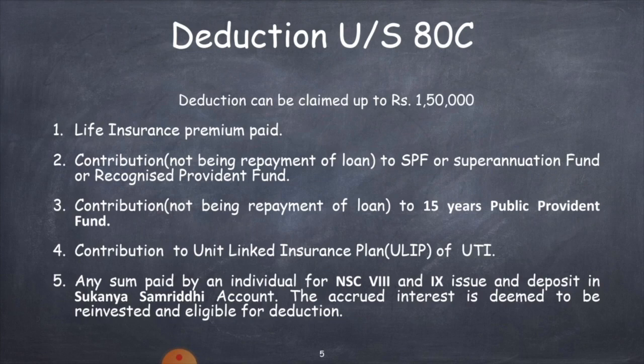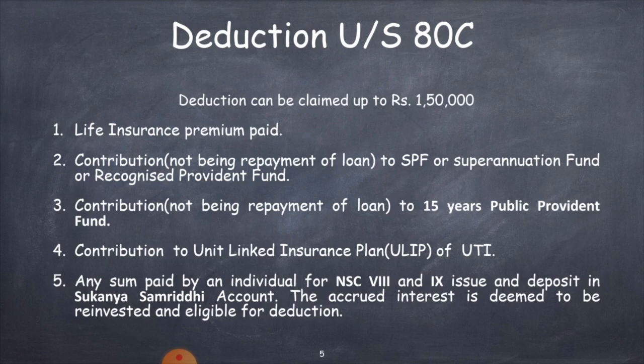So, the first deduction, that is the first payment that can be claimed under this section, is life insurance premium paid. An assessee can claim life insurance premium paid under this deduction.